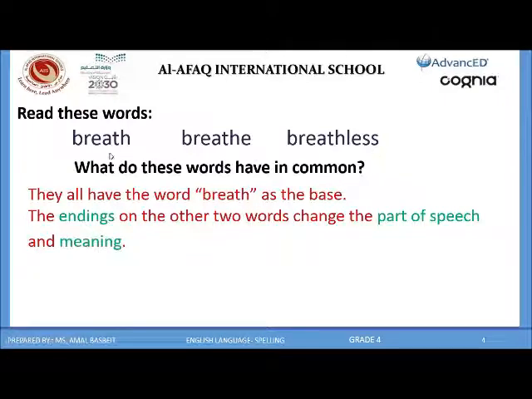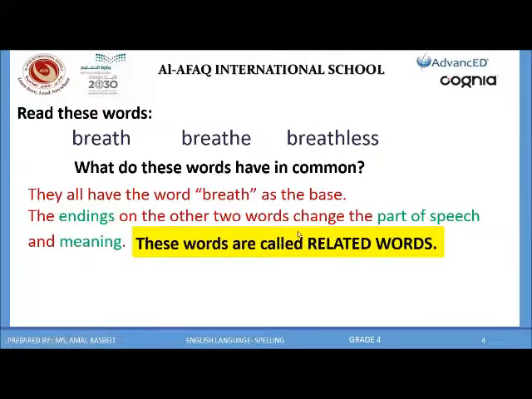Like the word breath, this is a noun, and when we add the E here, it will become a verb, and when we add the ending less, it will become an adjective. These words, breath, breathe, and breathless, are called related words.